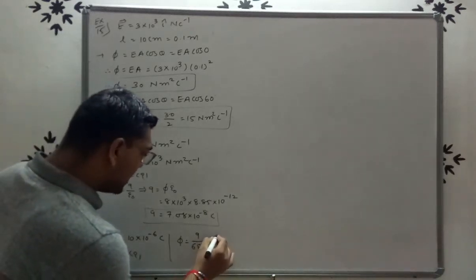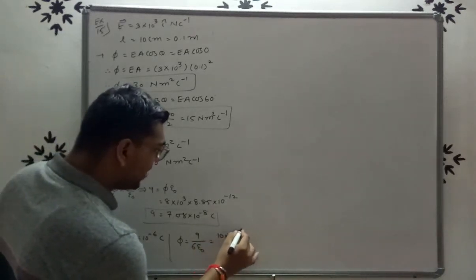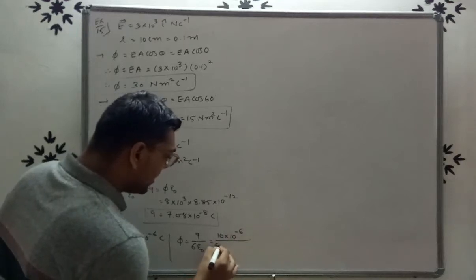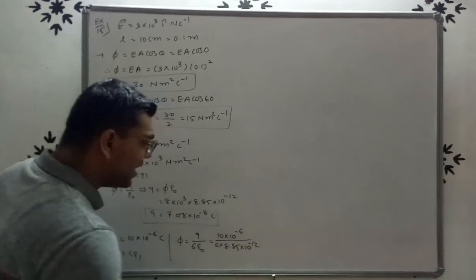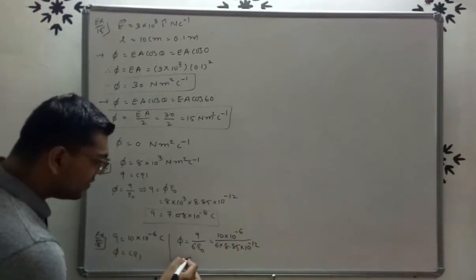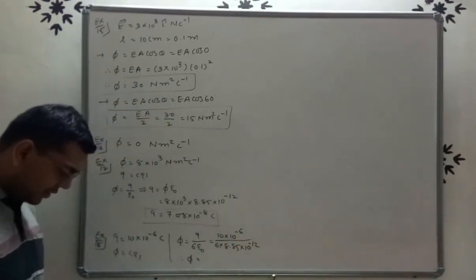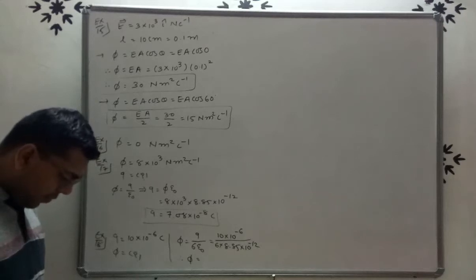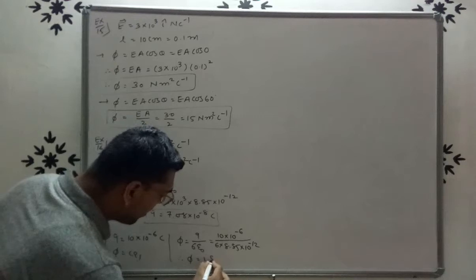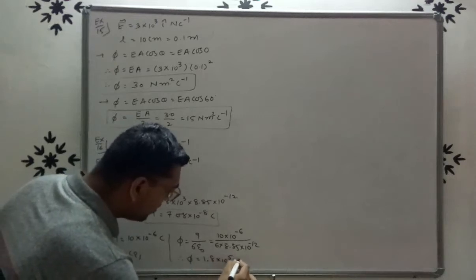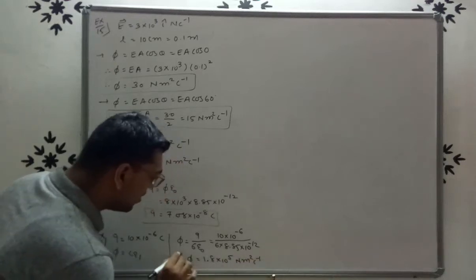Right, so the charge is 10 into 10 raised to minus 6, and the value of epsilon 0 is 8.85 into 10 raised to minus 12. After the calculation you will get flux phi equal to 1.8 into 10 raised to 5 Newton meter square per coulomb.